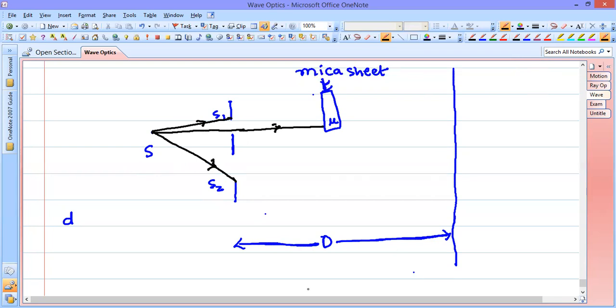Soon after the incident on the slit, the light ray will get diffracted.